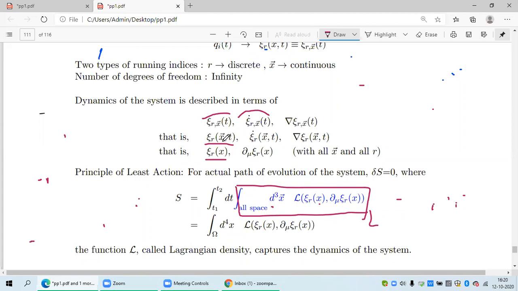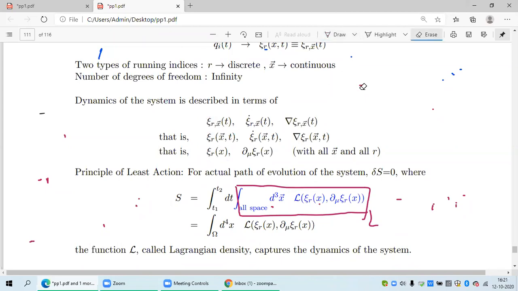X is just the position. This is not the position of any object or any particle. This is the value of the field at point x and at time t. So you give as input t and x, then you get a value associated with that point. That is the value of the field. X is not a function of t.